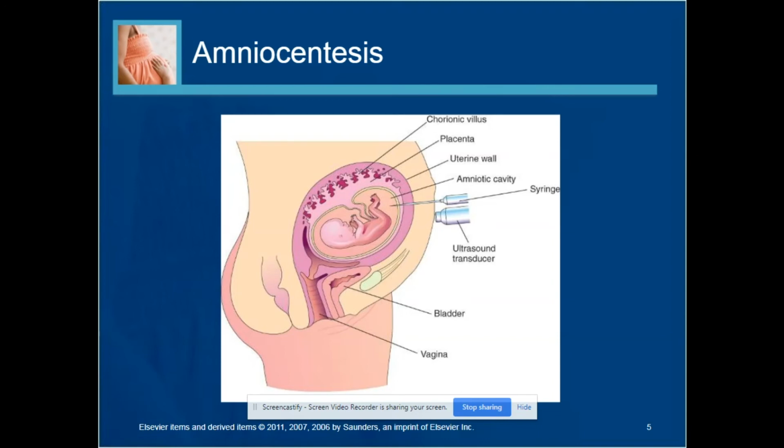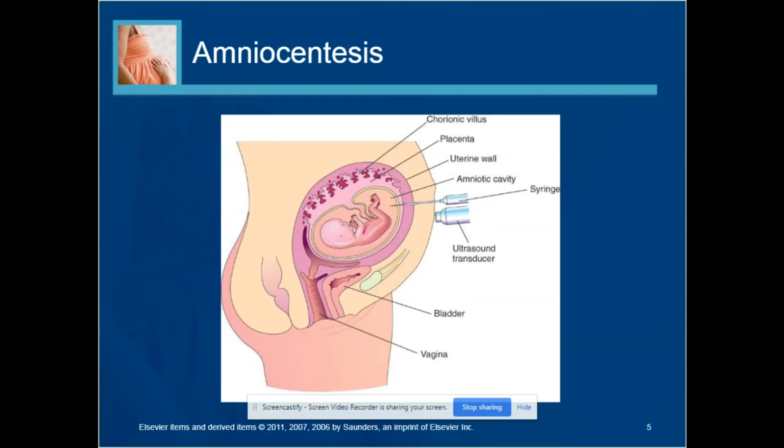It usually is collected and sent to lab, and they do a fetal assessment. There's some high-risk problems related to doing amniocentesis, so this would be up to the family whether they wanted one or not.